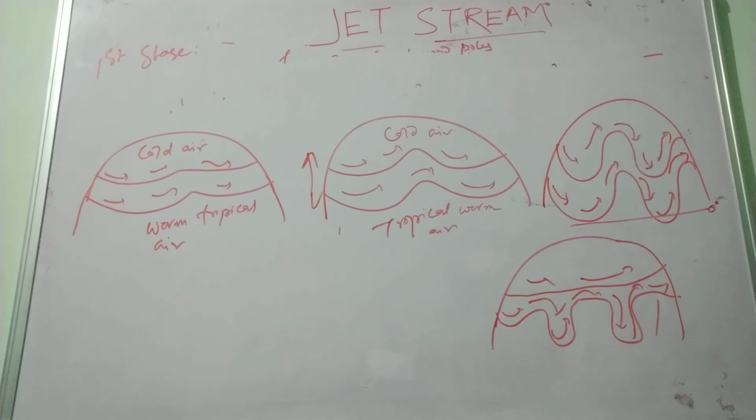So these are the 4 successive stages in the development of the jet stream, known as the index cycle of the jet stream.